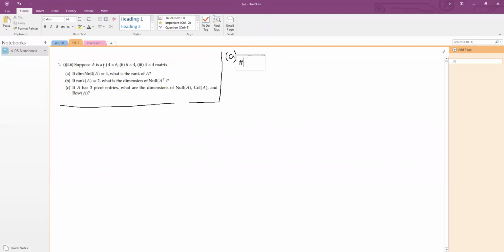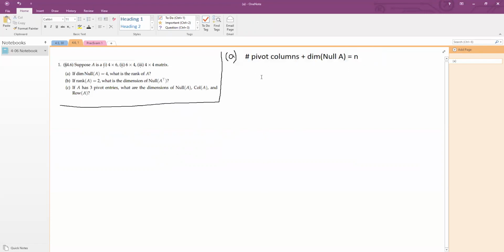We know that the number of pivot columns plus the dimension of the null space of A equals the total number of columns, which in an m by n matrix, I believe, is n. So that's your first formula.